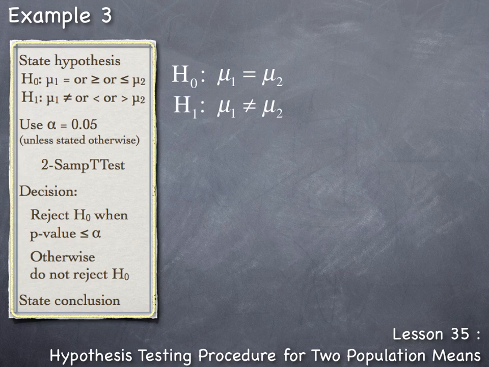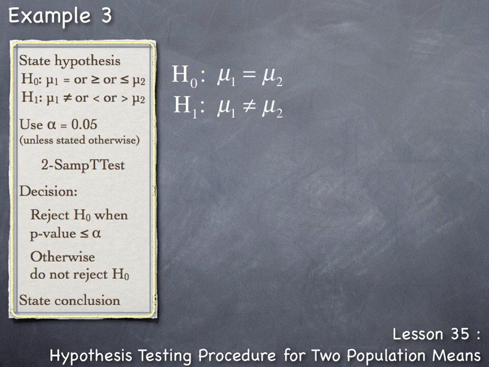And H1 is always labeled with the condition of the non-equality. So here, the statistical form of this hypothesis test is H0: mu1 equals mu2, which leads to the answer of no, there is not a difference, versus the alternative H1: mu1 not equal to mu2, which leads to the conclusion of yes, there is a difference.